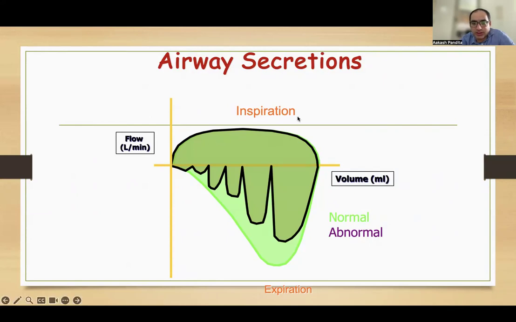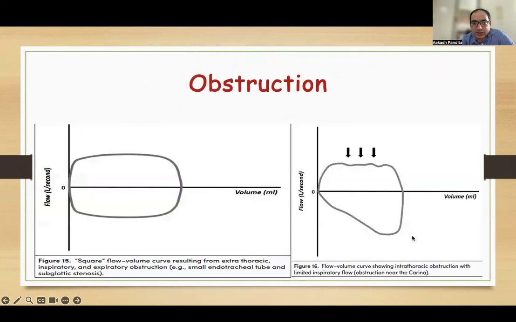Whenever you see a seesaw pattern or serrations like this on the flow volume loop, especially in the expiratory limb, that means there are secretions present and the patient needs suction. As soon as you do the suction and clear the secretions, you will again get a good expiratory curve like this. So whenever there are serrations, you should know that there are secretions pent up there.